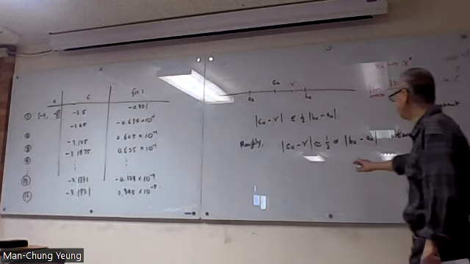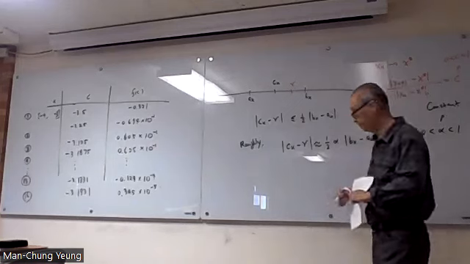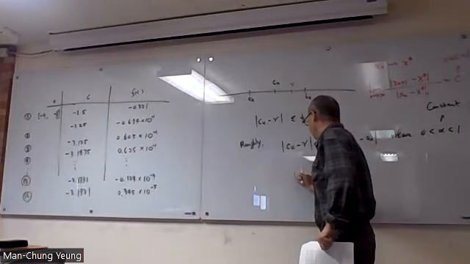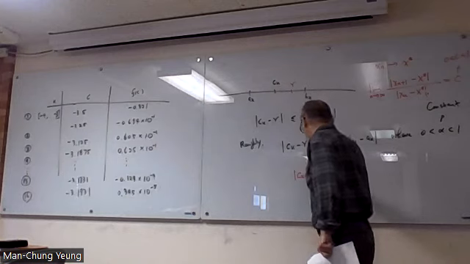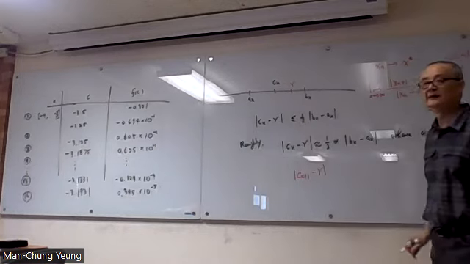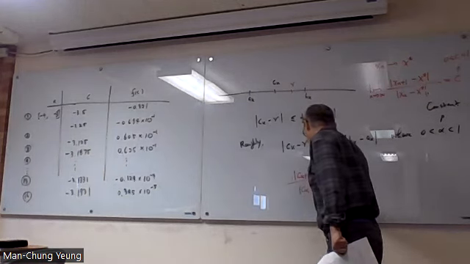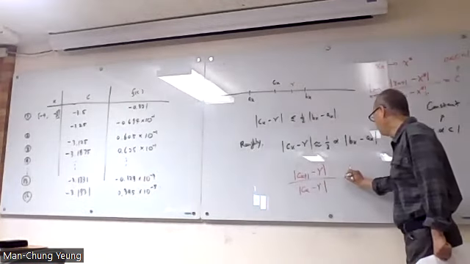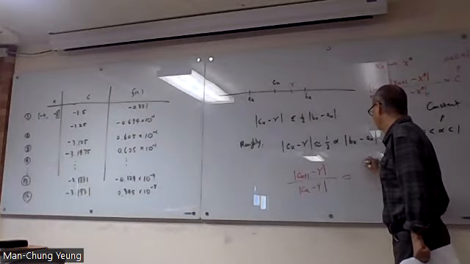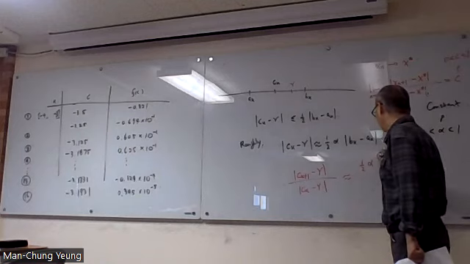Okay, now I use this approximation. Now let me compute this limit. The absolute value of c_(k+1) minus r, over the absolute value of c_k minus r, is roughly 1/2 alpha.